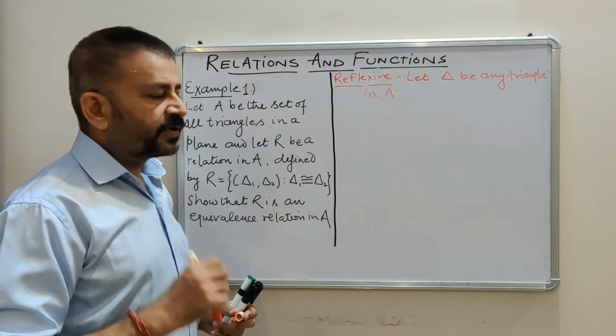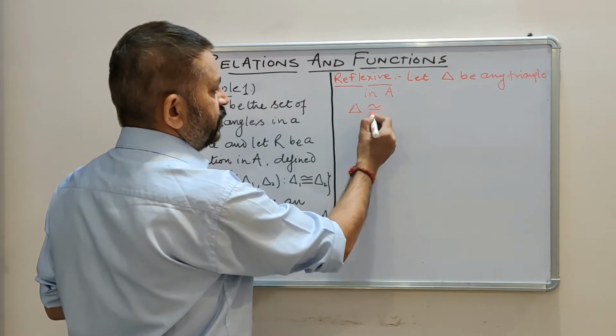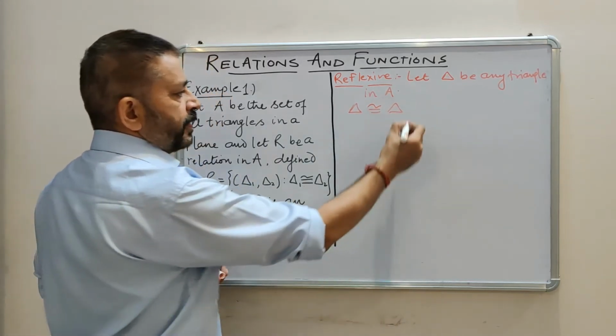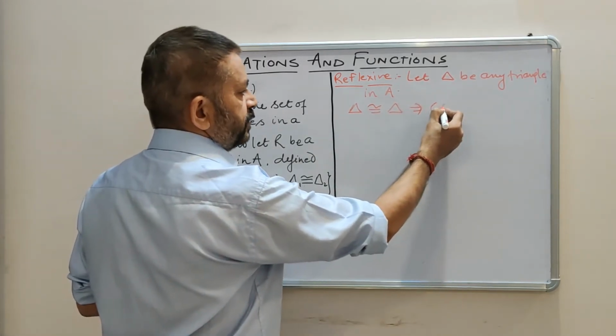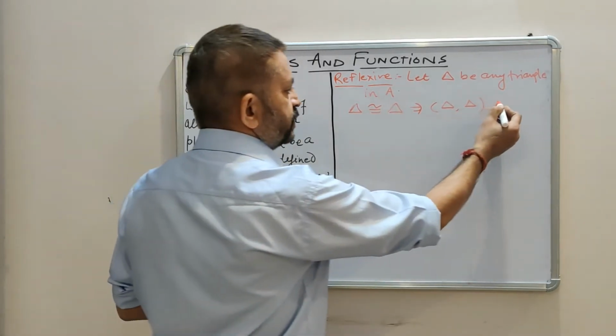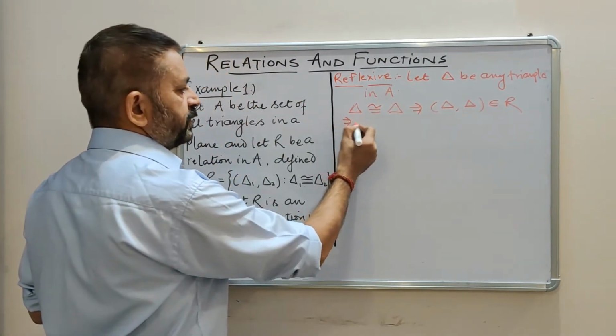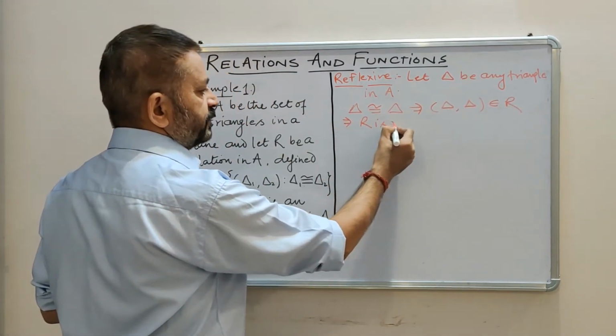Each triangle is congruent to itself. So we can write that triangle is congruent to itself. It means (Δ, Δ) belongs to R. So as per the definition, R is reflexive.